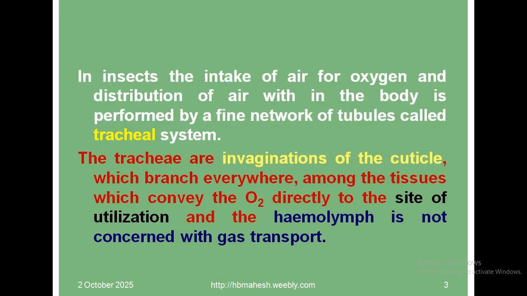See, in insects, the respiration takes place by the tracheal system. In insects, the intake of air for oxygen and distribution of air within the body is performed by a fine network of tubules called tracheal system. And this tracheal system or tracheae are invaginations of the cuticle.